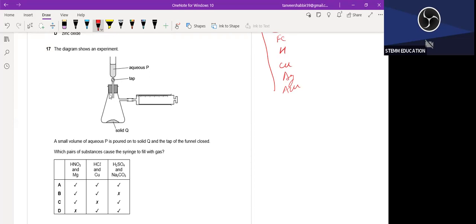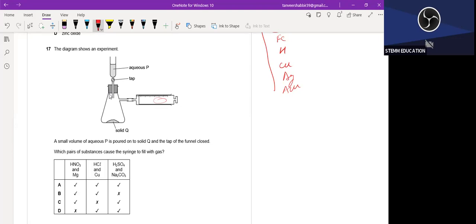Which pair of substances causes the syringe to fill up with gas? In these, which pair will fill up this syringe with gas? So some gas should be produced. So what are the pairs? Nitric acid reacts with magnesium. Will it happen or not? Because you can see some crosses are also given here. So they are asking whether this reaction will occur or not.